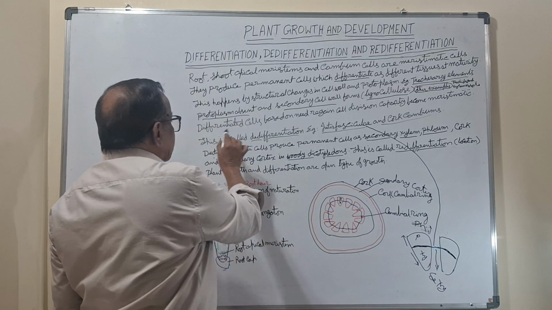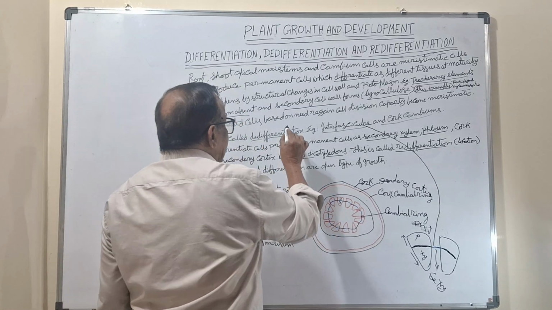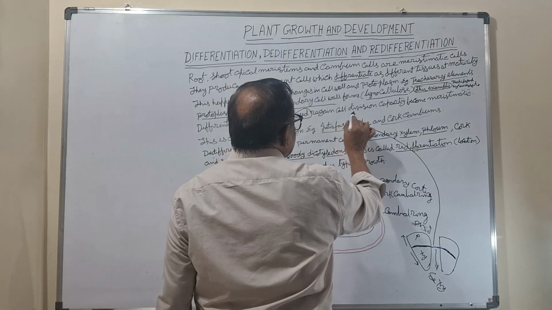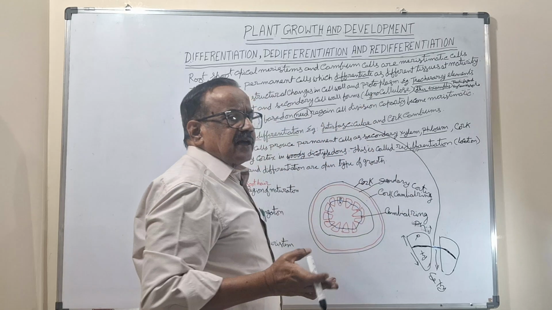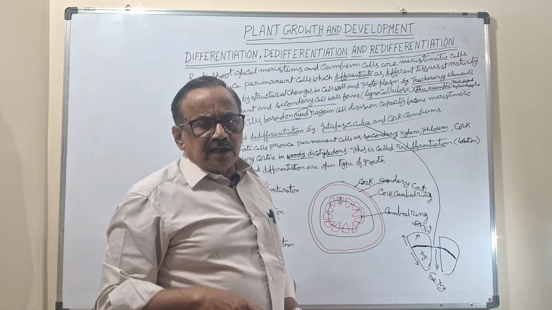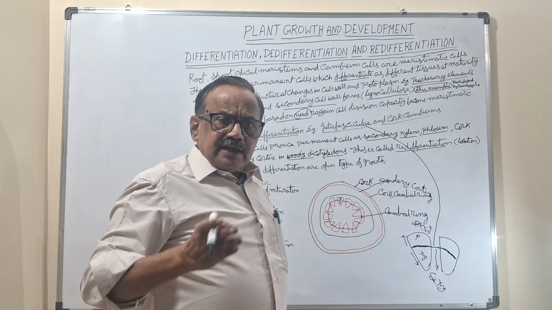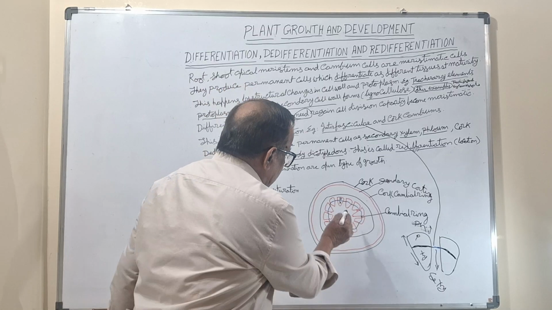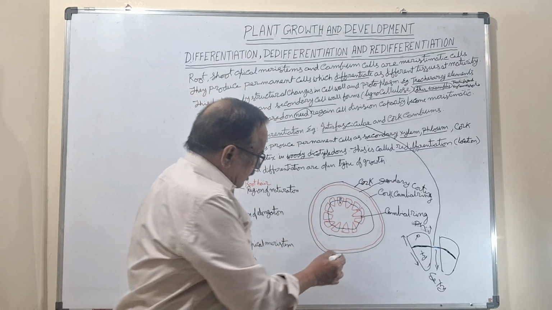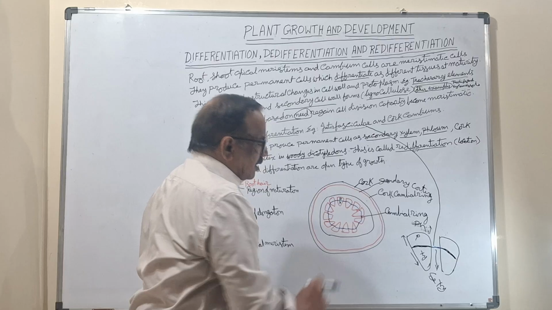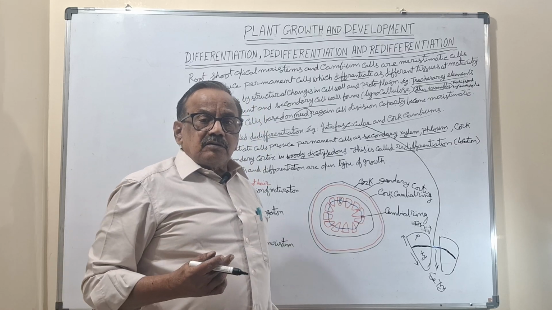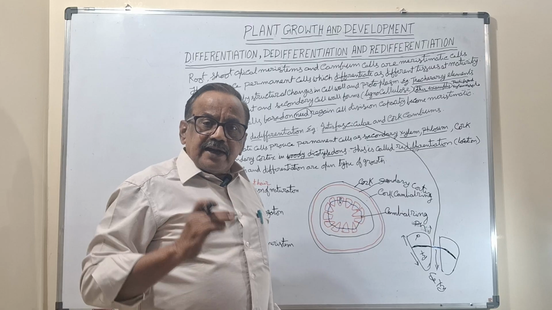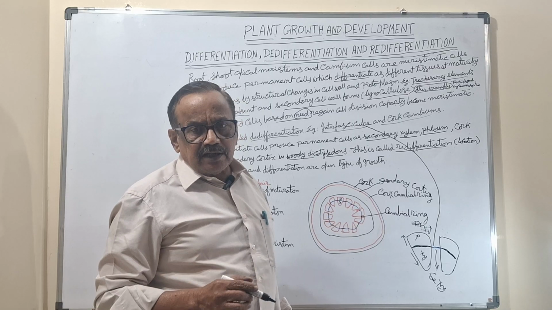And next, the differentiated cells. Whenever the need comes, they will regain the cell division capacity. So already differentiated cells are again getting dividing capacity, like the cork cambium. Whatever regains the dividing capacity and becomes meristematic is the cambium.